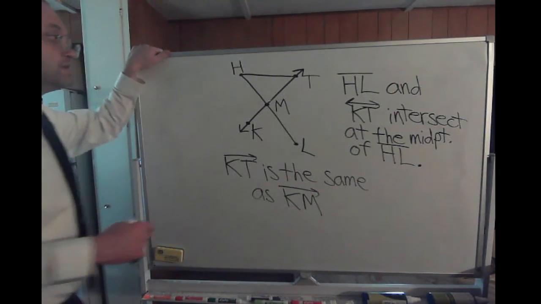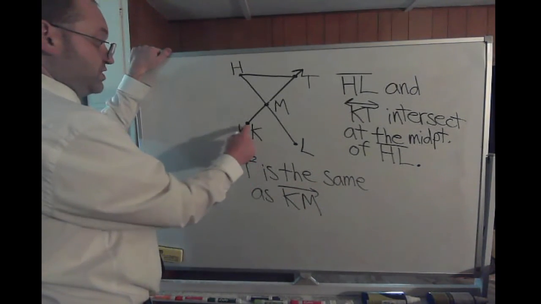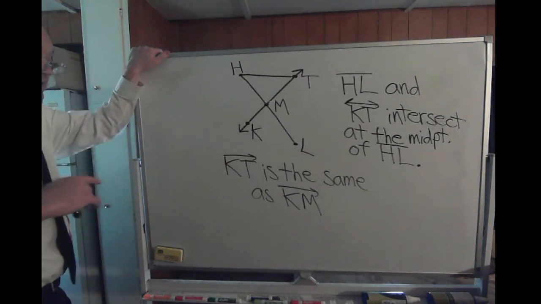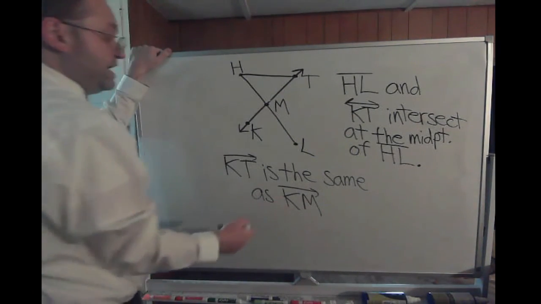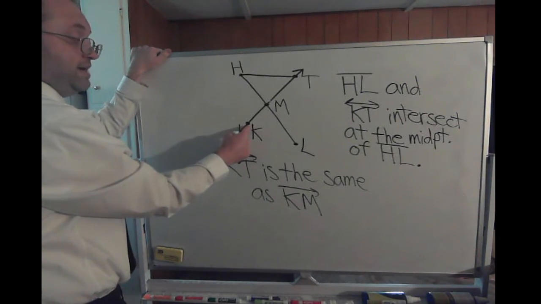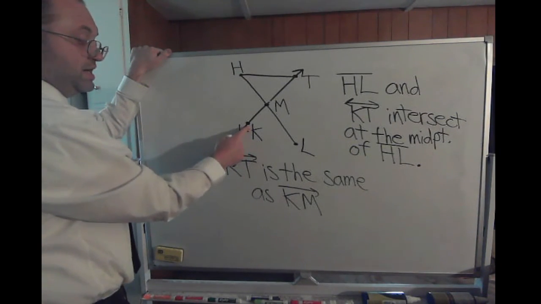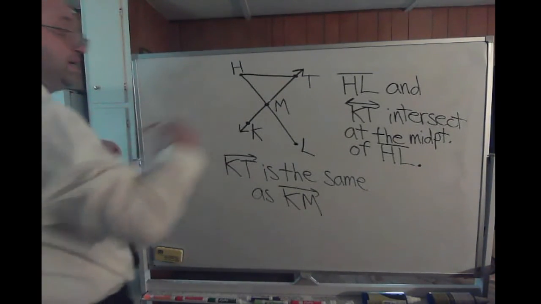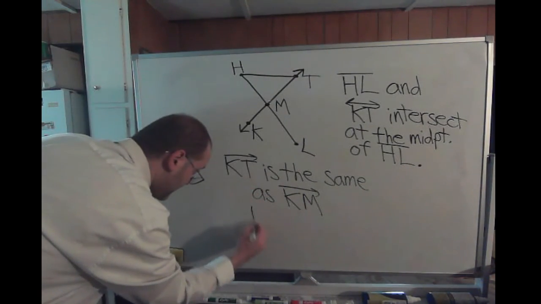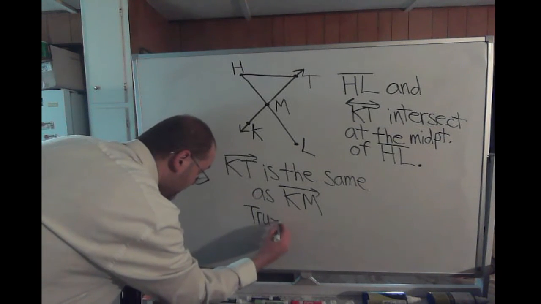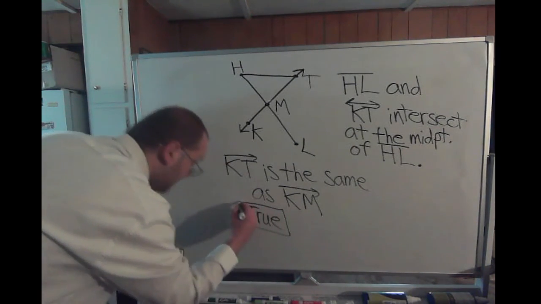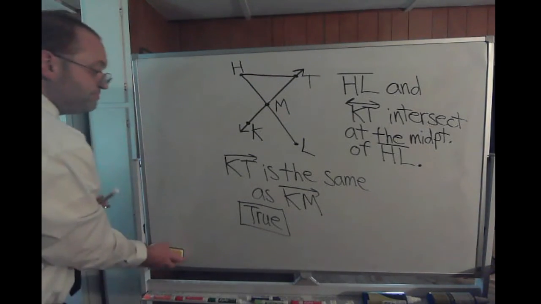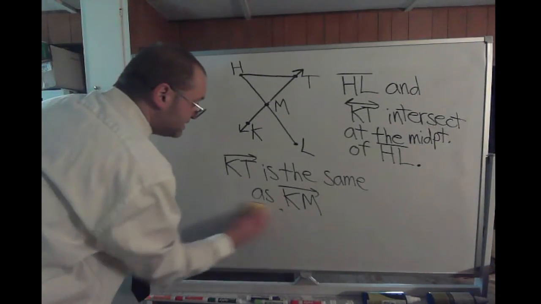Well, ray KT starts at K and keeps going past T and beyond. And then we have ray KM, it still starts at K, right? But then it goes to M and beyond M. Well, point T is beyond M, and it keeps going even beyond T, so this is actually true. That's a true statement. It keeps going infinitely in the same direction as both points M and T, so that's actually a true statement.